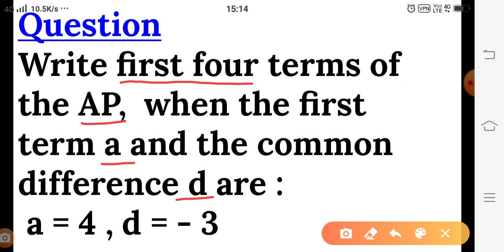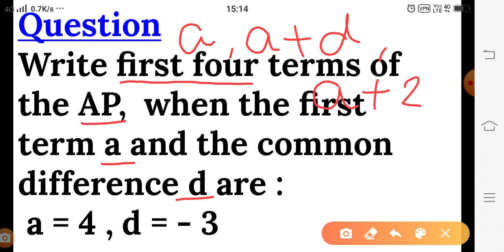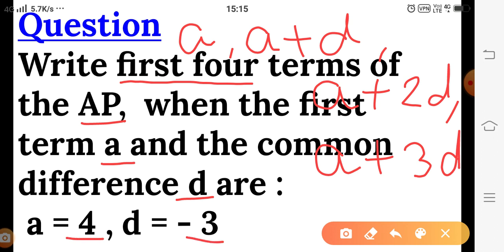The general terms are: the first term a, then a plus d, then a plus 2d, a plus 3d, and so on. Here we have to find only the first four terms: a, a plus d, a plus 2d, a plus 3d. If we put in the values of a and d, which are given, we easily get the answer.